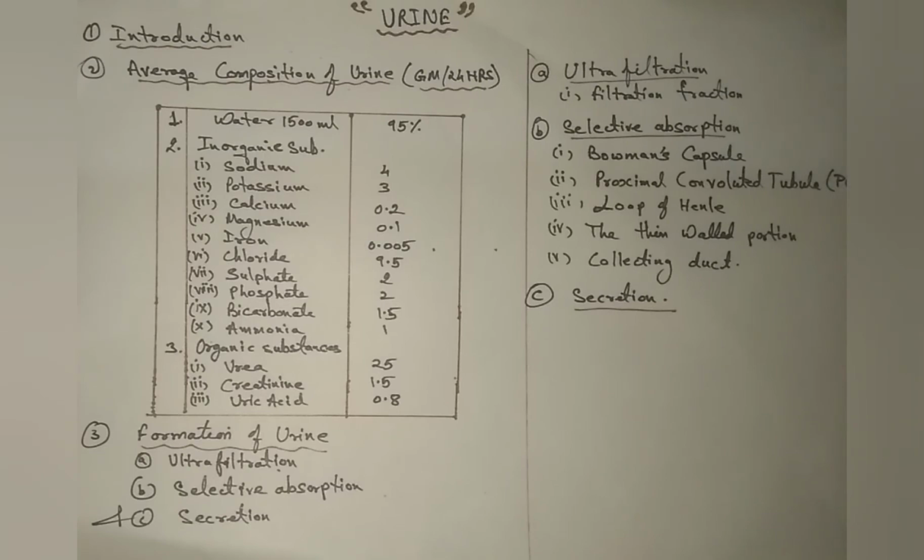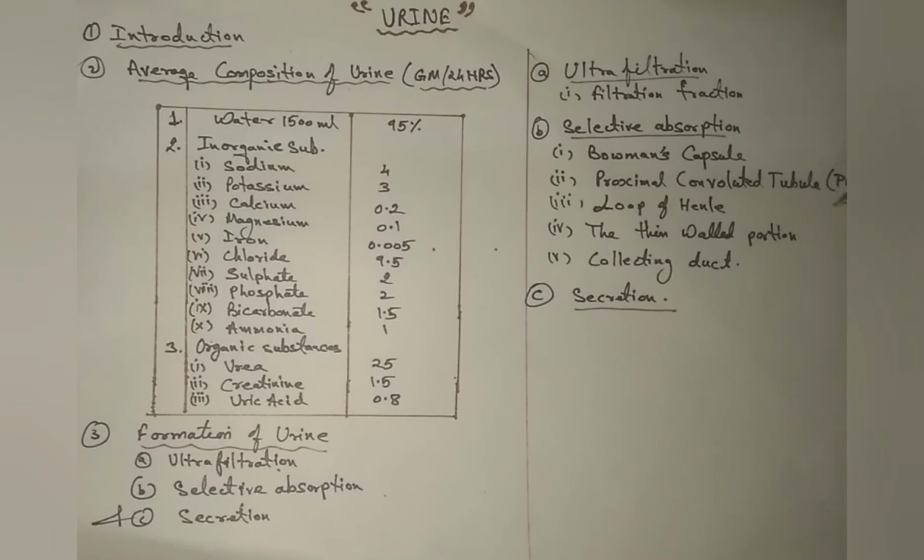Third, on an average in a person having 70 kg weight, about 4.5 liters of blood is present, which is pumped through the heart in 1 minute and received back. Out of this, only about 25% of it, that is 1250 ml, circulates through the kidney per minute.